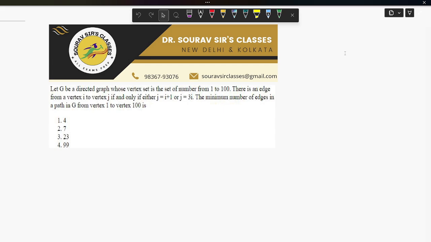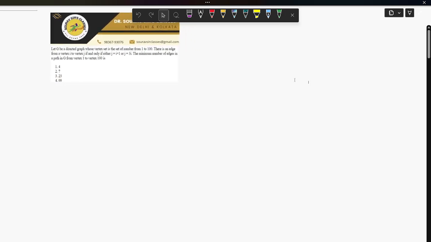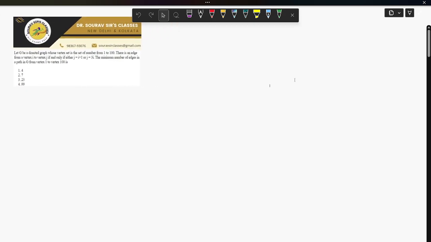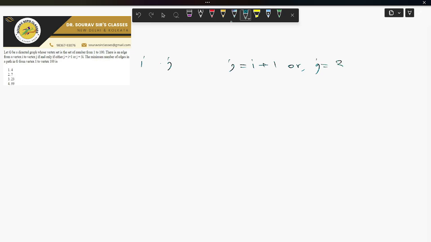So we are tasked with finding the minimum number of edges in a path from vertex 1 to vertex 100 in a directed graph G where there is an edge from I to J, as J is equal to I plus 1 or J is equal to 3I.